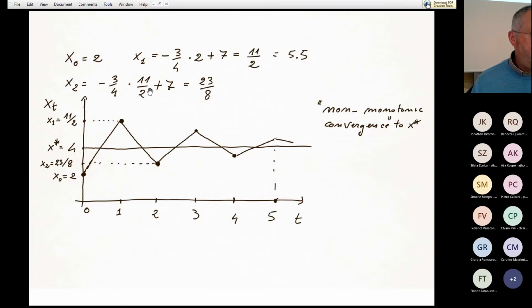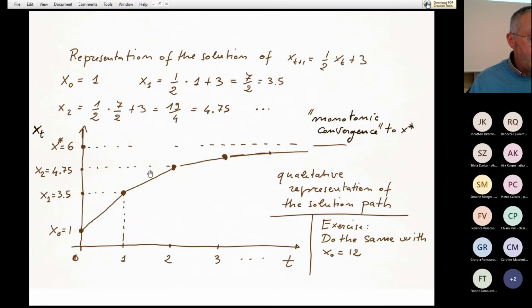If this represents an economic model and this is some target level of the variable, this is not really desirable, as a transitory correction mechanism to the steady state, while this is desirable. This is a monotonic convergence.